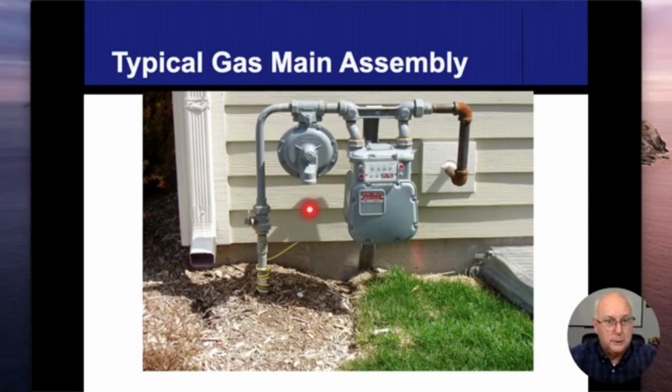So if for some reason there's a surge of gas pressure that comes into this gas meter or towards this house, instead of pushing that gas pressure into the house, what we're going to do is discharge the gas to the outside. I have personally never seen, and I should back this up a little bit, I've never seen doing a home inspection or in my own home where we were spewing gas coming out of there.